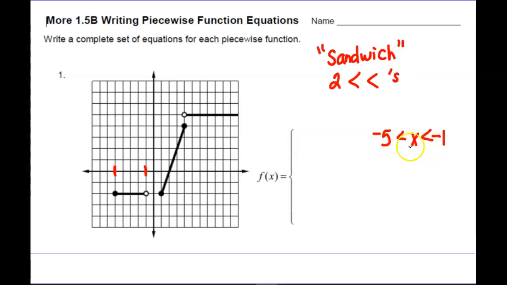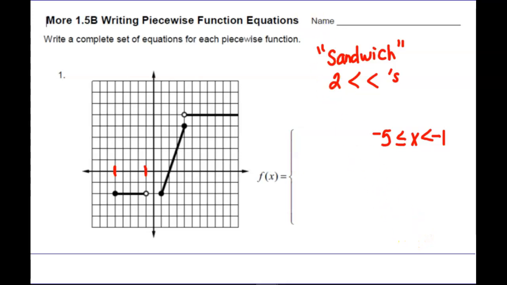When you're sandwiching your x in between 2 numbers. Okay, something is wrong with mine though. Can anybody tell what's wrong? Yes, Emma? Great job. She said this one on the left had a solid circle and then an open circle. So this one needs a less than or equal to. Perfect.